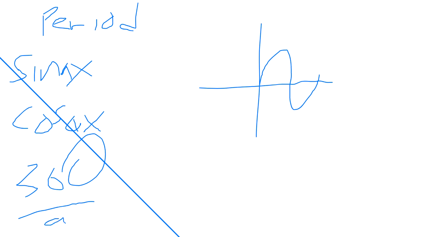But when you have tan ax, the period is always 180 over a.